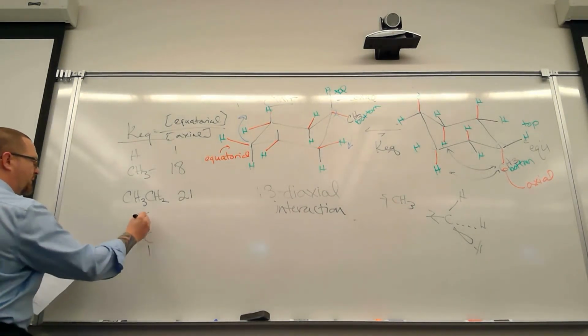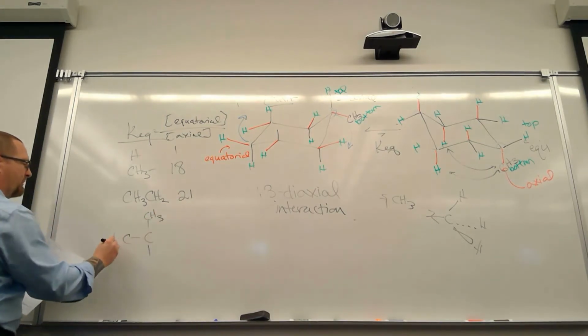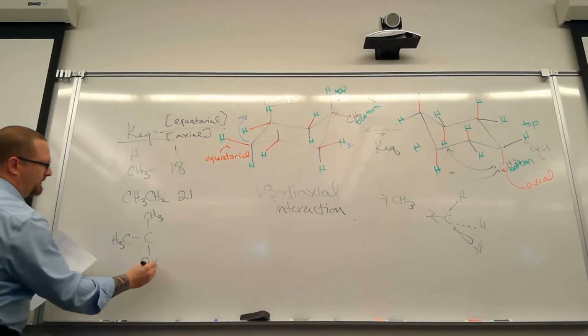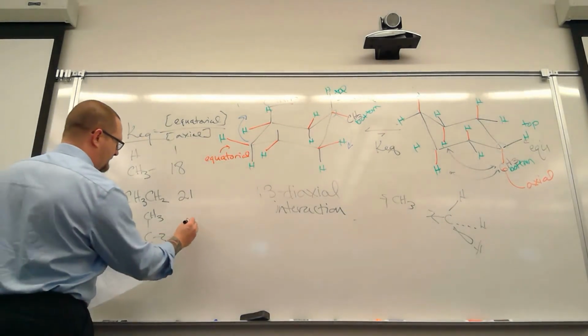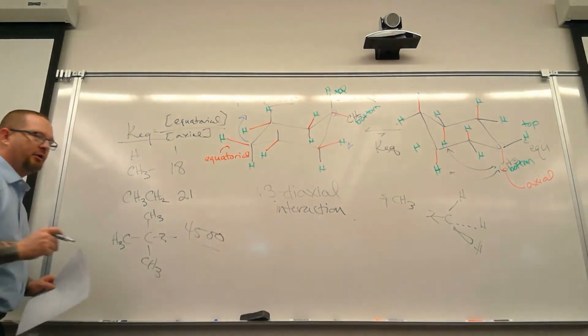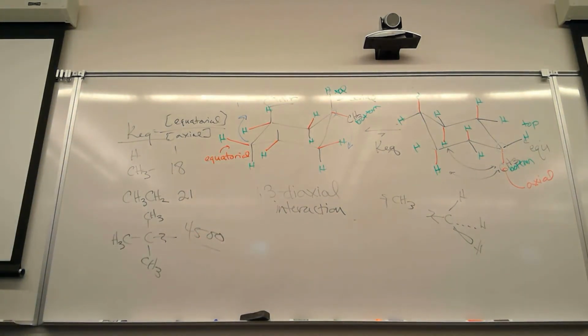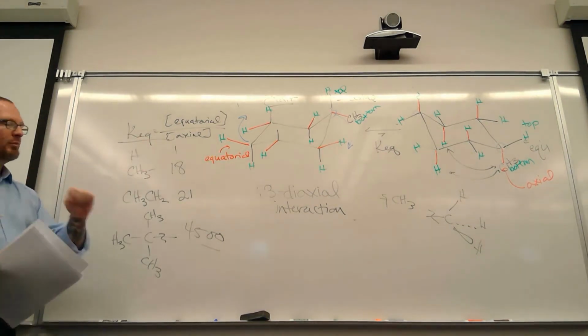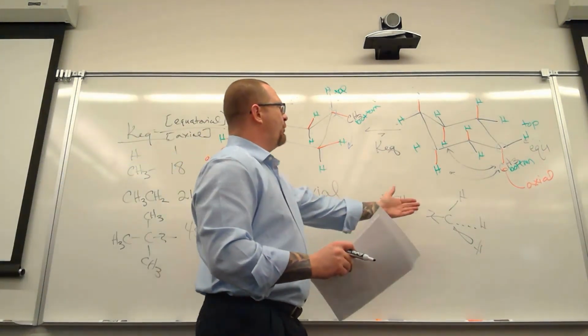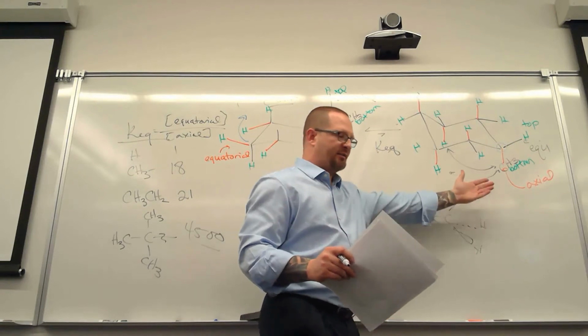A tert-butyl group has a carbon with 3 methyls attached to it. That's a tert-butyl group. This has a 4,500-to-1 preference. So the bulkier the group is, the larger the substituent is, the more it's going to skew the equilibrium away from these diaxial interactions.